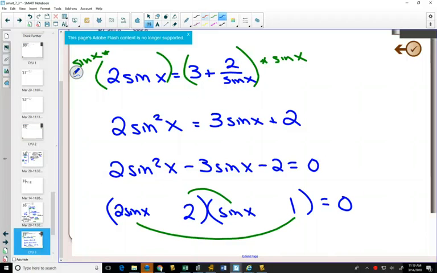So then we're going to check instead 1 and 2. If I put 1 and 2, my outside is 4 sine x. My inside is 1 sine x. Can I ever add or subtract 4 and 1 to make 3? Yes. And I need to get a negative 3, so I'll want my outside to be negative 4 sine x and my inside to be plus 1 sine x.